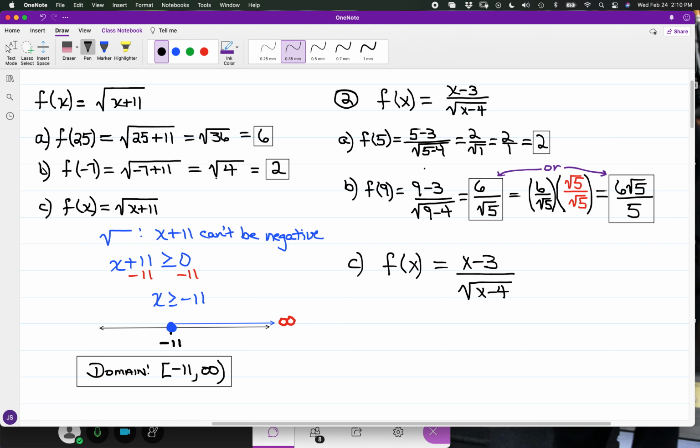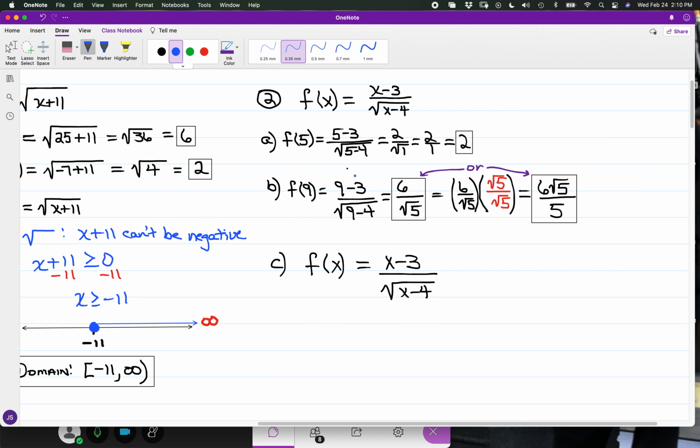Where x plus 11 was not in the denominator of a fraction, x minus 4 is. So because of the square root, x minus 4 cannot be negative, and because it is in the denominator, x minus 4 cannot be 0.